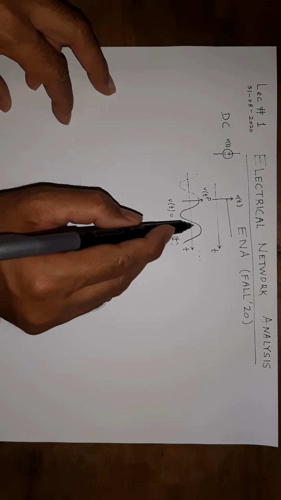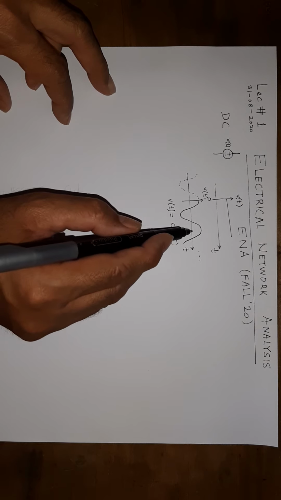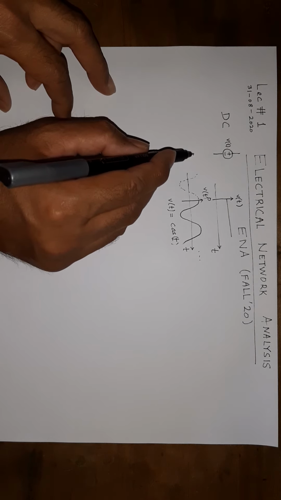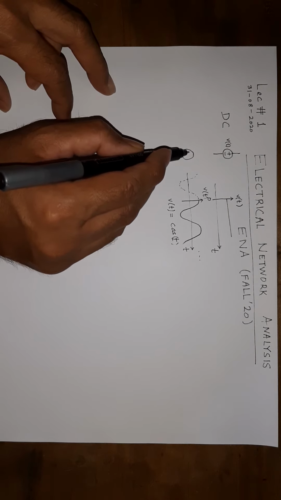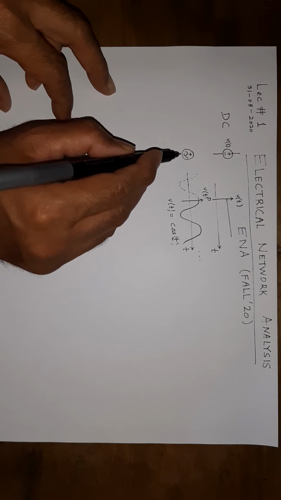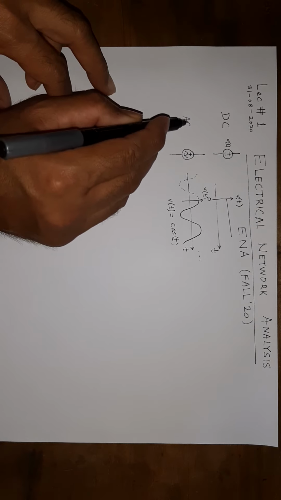So we call this a sinusoid because a cosine function is actually a sinusoid as well. So sines and cosines are sinusoidal functions, and the symbol that we are going to use for this source will be these plus minus signs with a sine wave here. So this is going to show that this is an AC source.